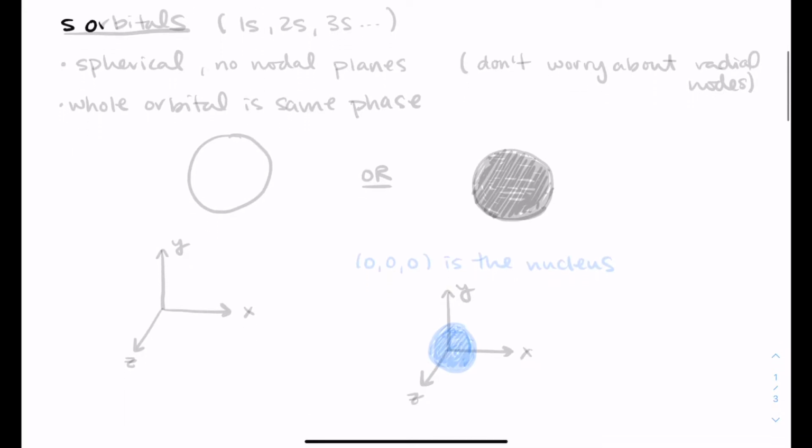So s orbitals are spherical. They don't have any nodal planes. Now there is something called a radial node that shows up in even s orbitals. They are important to a more sophisticated understanding of bonding that we don't have to do in Gen Chem, and you don't have to do it in Orgo.